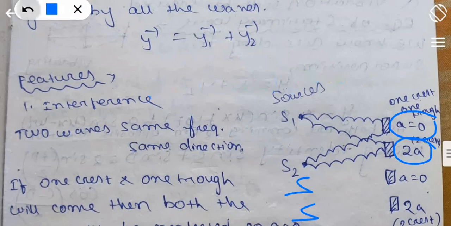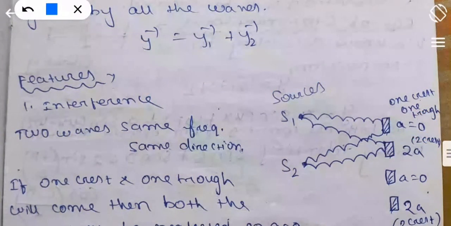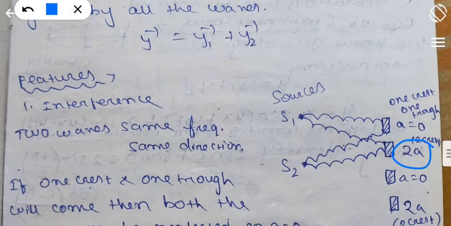This is what is known as interference, because we are getting an unexpected result. Crest and trough make amplitude 0, two crests make 2a, two troughs will make minus 2a, like this.